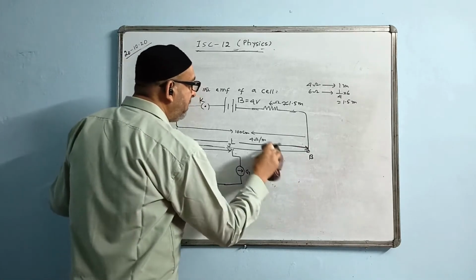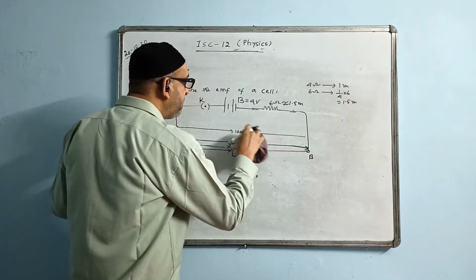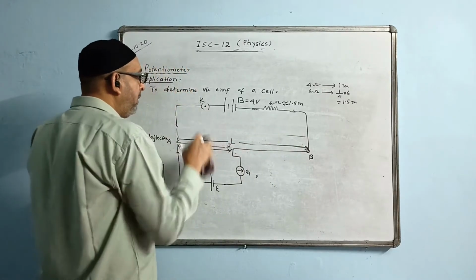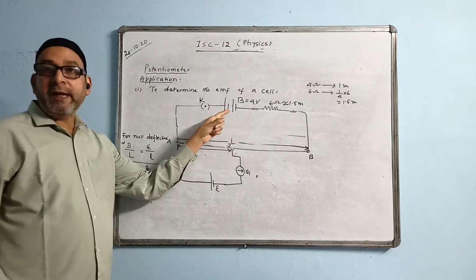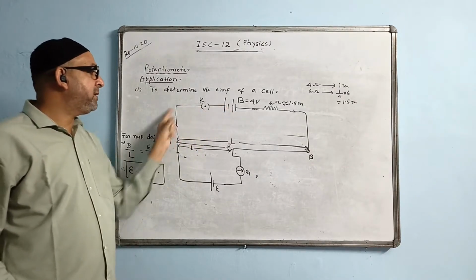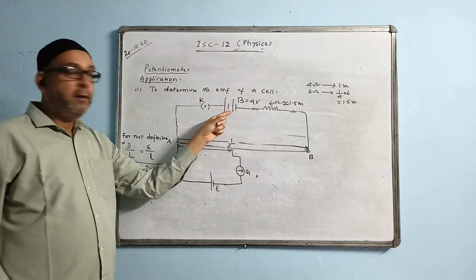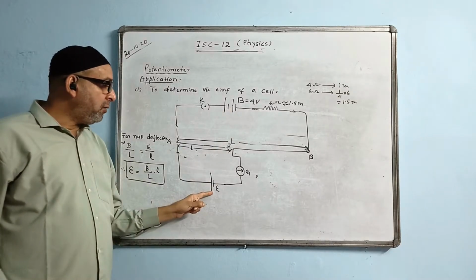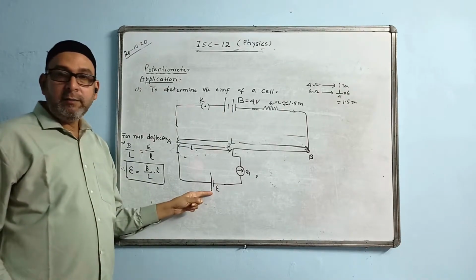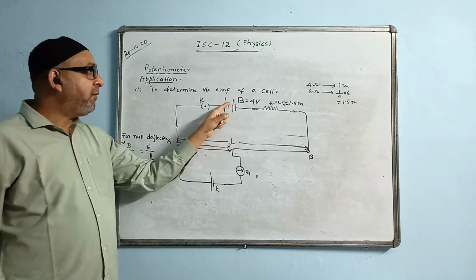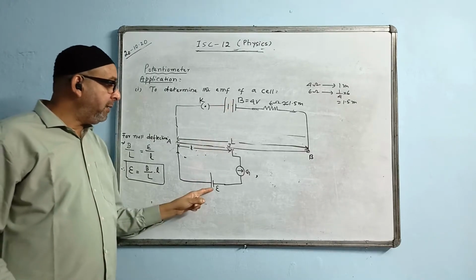Now, two things to always remember in this case. This cell is called the driver cell because this one is sending the current in the circuit, and this one is called the standard cell. The EMF of this cell has to be bigger than the EMF of this cell.